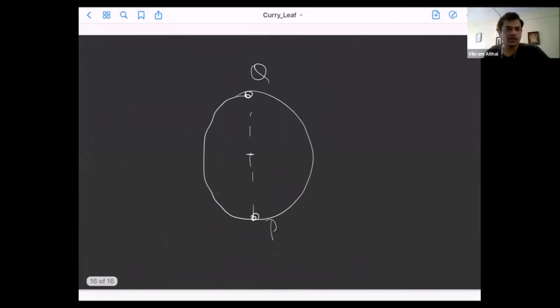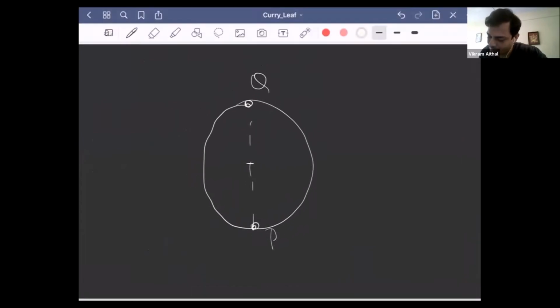So now you see, I can definitely draw a line, quote unquote, joining these 2 points, but I can do a lot more, right? I draw a perpendicular to this diameter. I take any point on this and I draw these lines joining P to this point and Q to this point.